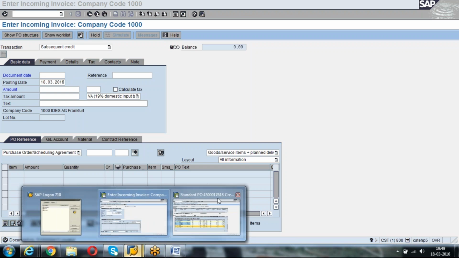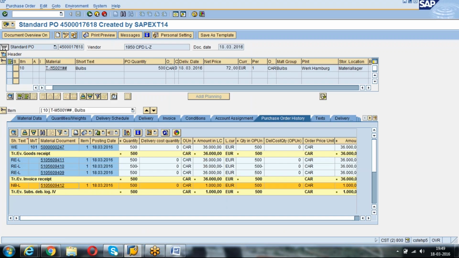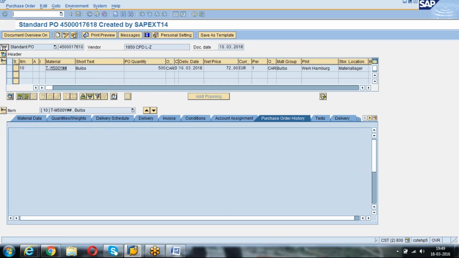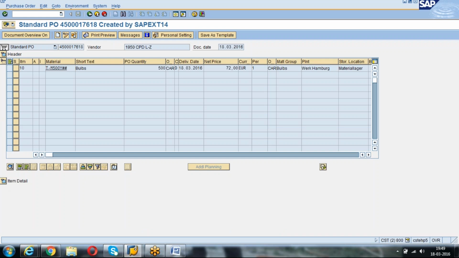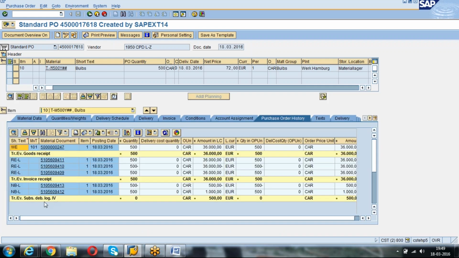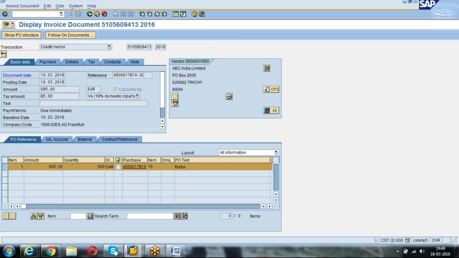Now coming to our PO, item details. See, you can see the subsequent adjustments, like this 500 quantity for 500 euros, for the same 500 quantity, you are just accumulating that price.